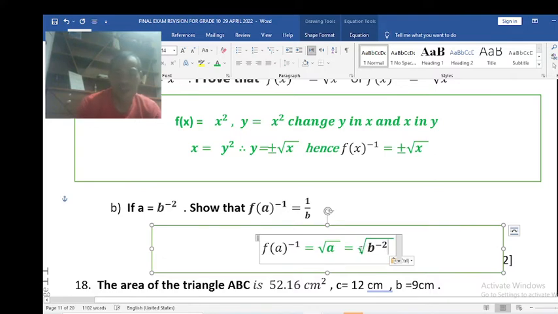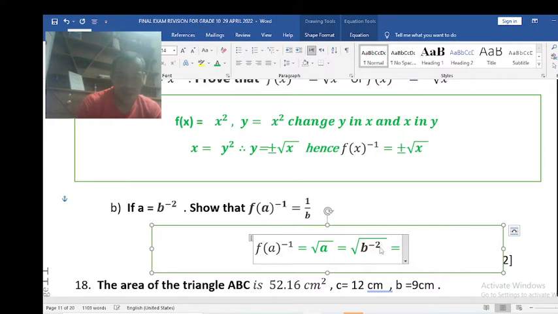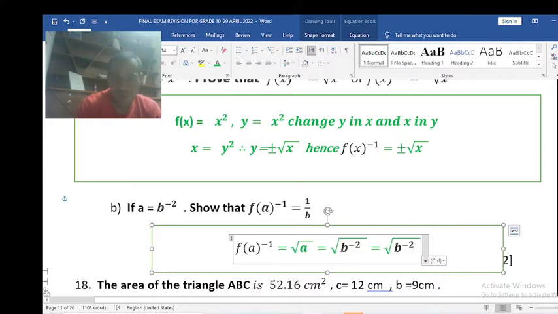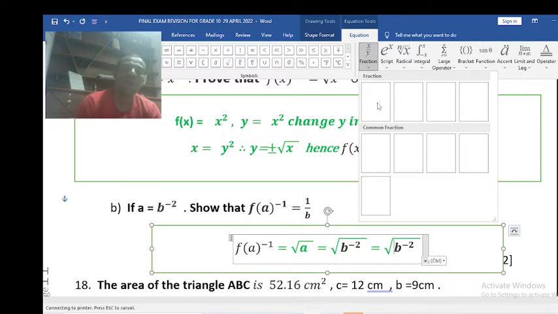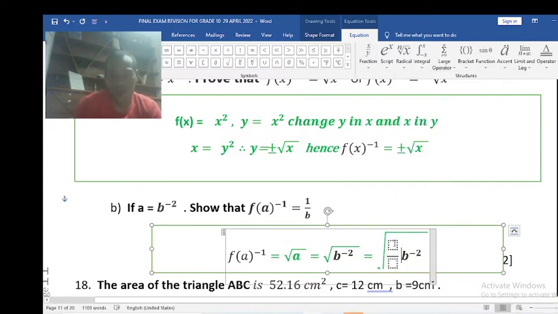You can see the exponent is negative, so you can write it as the square root of 1 divided by b squared.